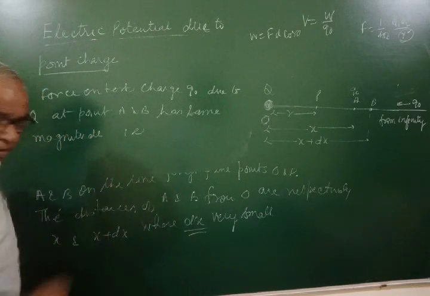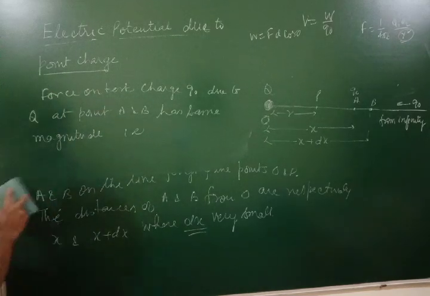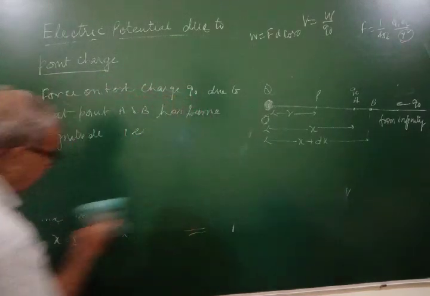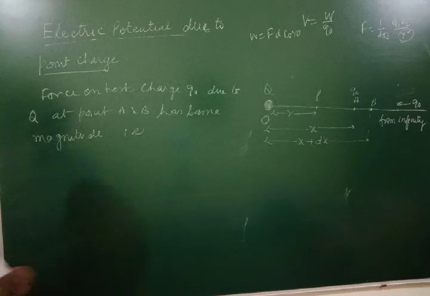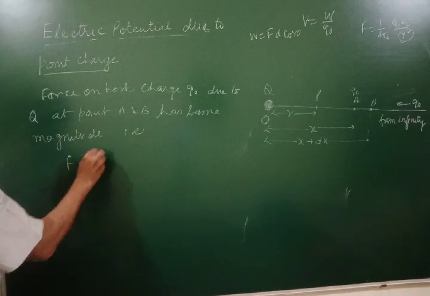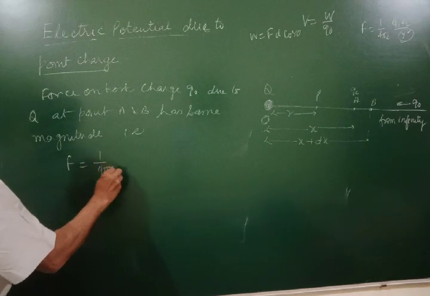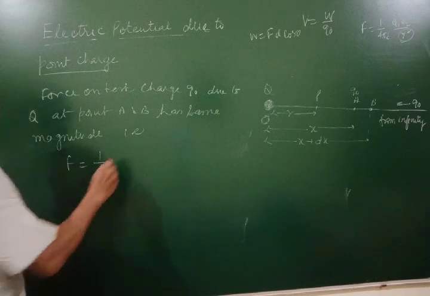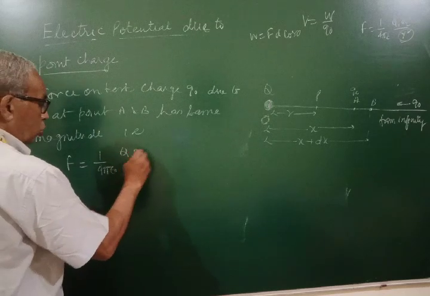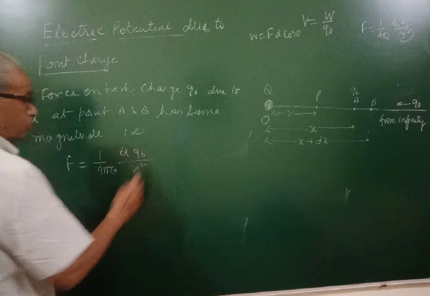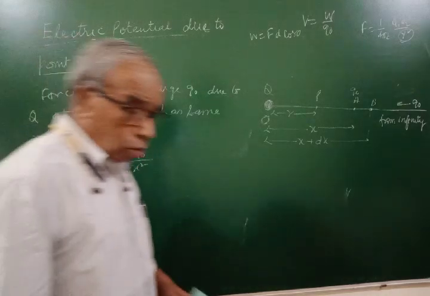That is, F is equal to 1/4 pi epsilon 0 Q into Q0 upon x square. dx is very small.